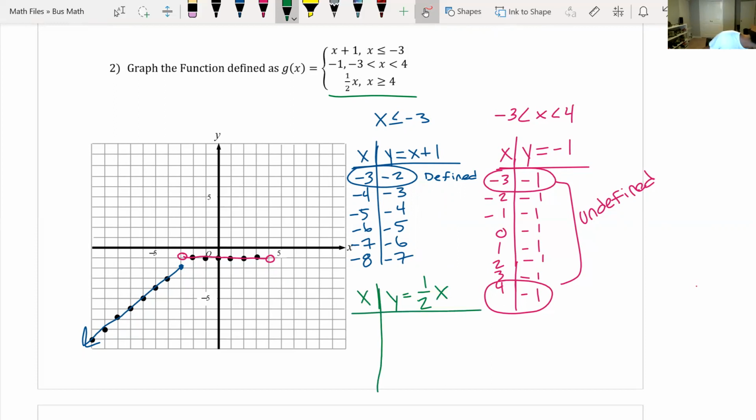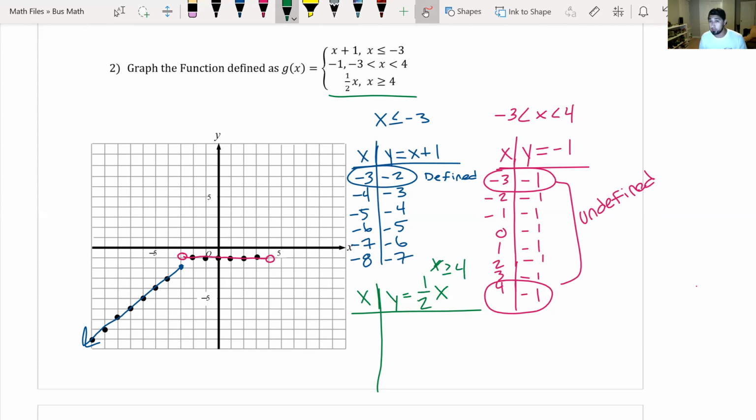And we can only use this one if x is greater than or equal to 4. And once again, it's giving us the numbers to pick.